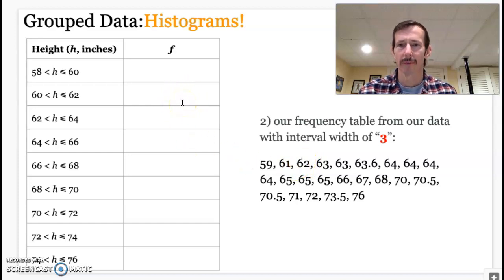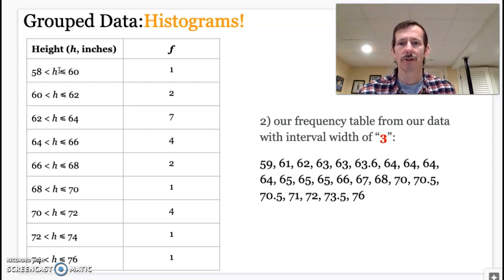It's kind of painstaking, but that's how you would build it by hand. Again, this F is your frequency up here, and 3 is the distance from 58 to 60, including the bound.